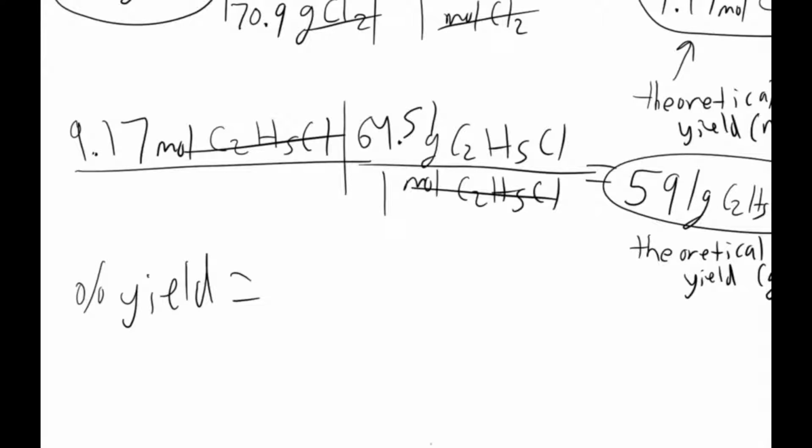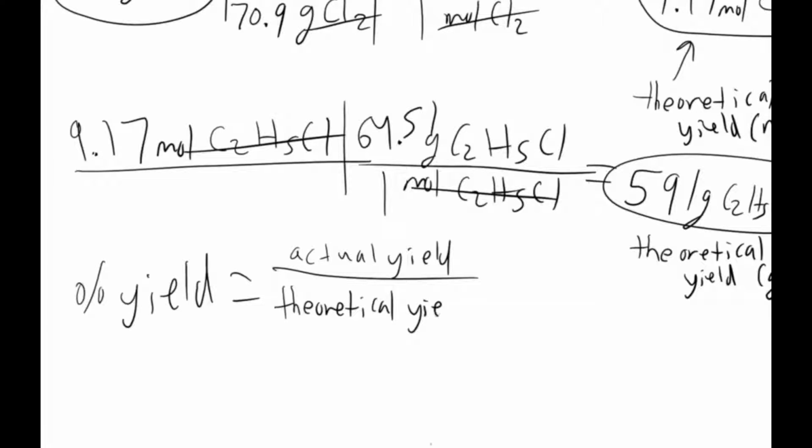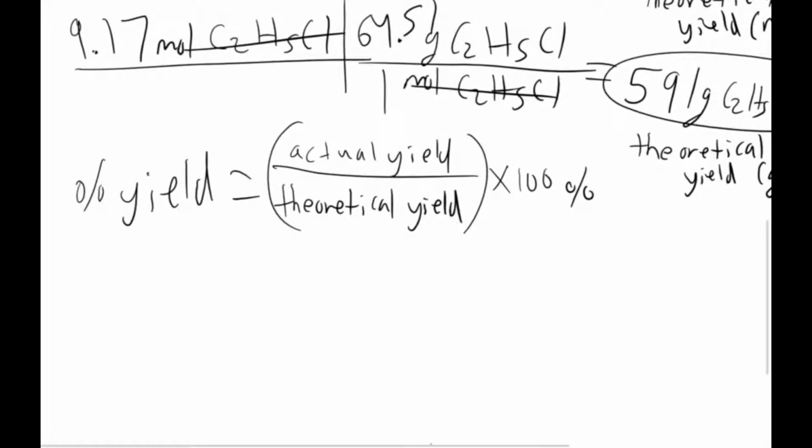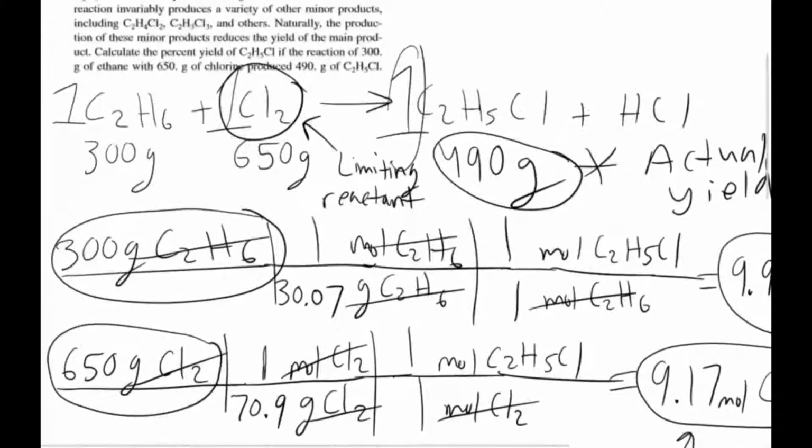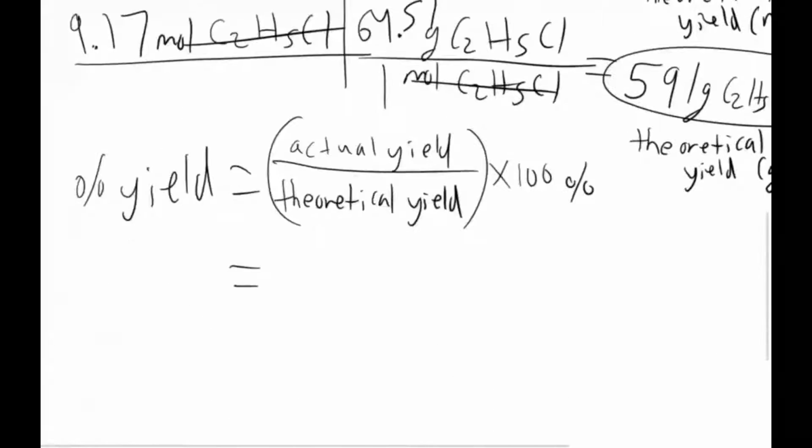The percent yield formula is percent yield equals actual yield over theoretical yield, all multiplied by 100%. So we're going to plug in the actual yield, as we saw, is 490.